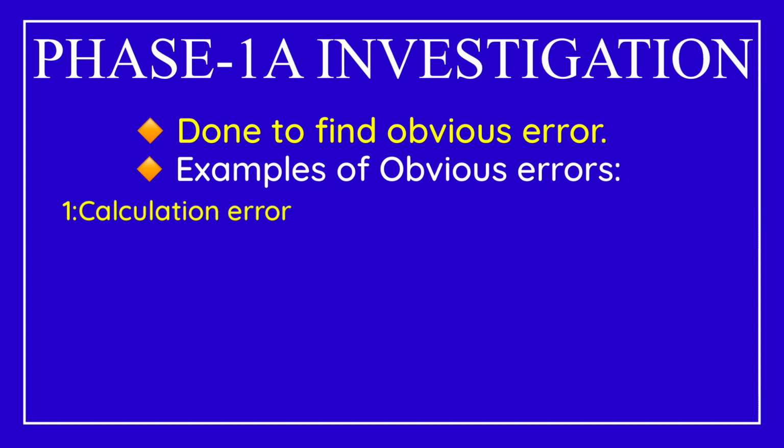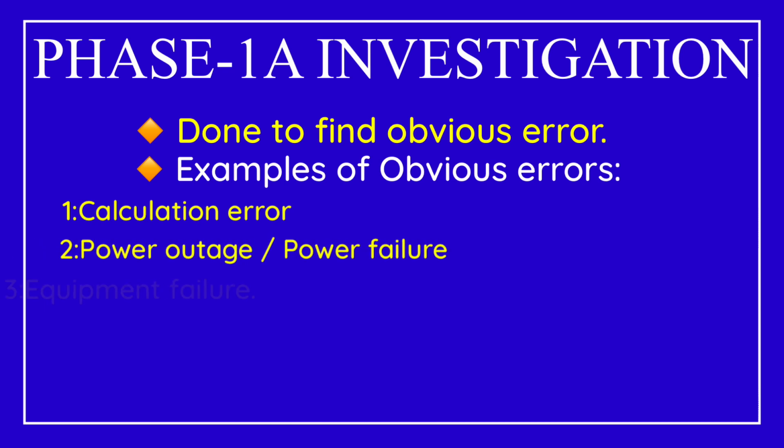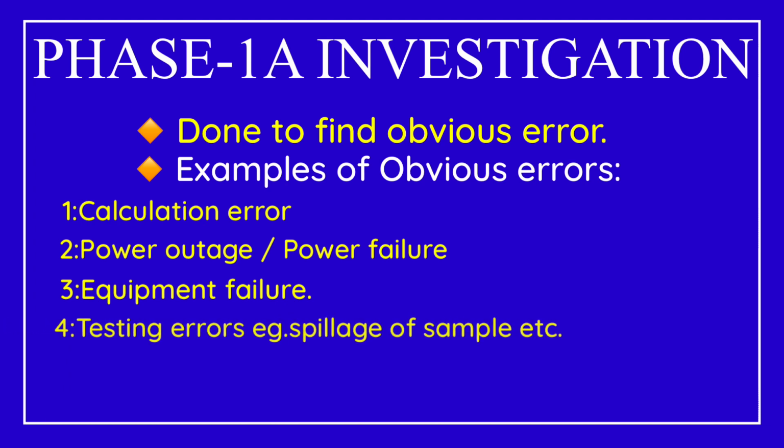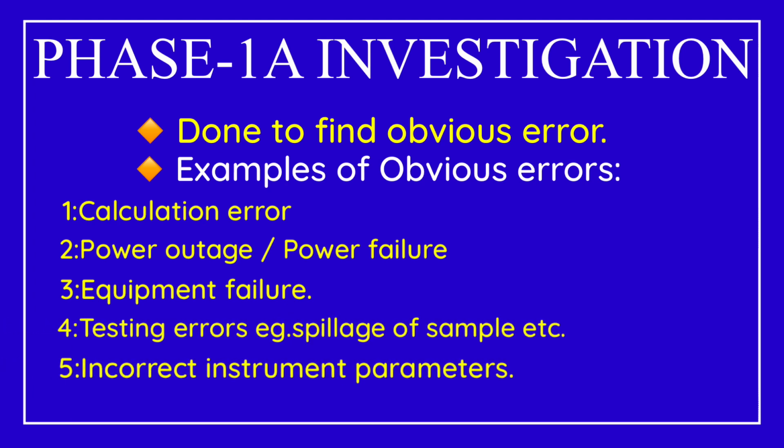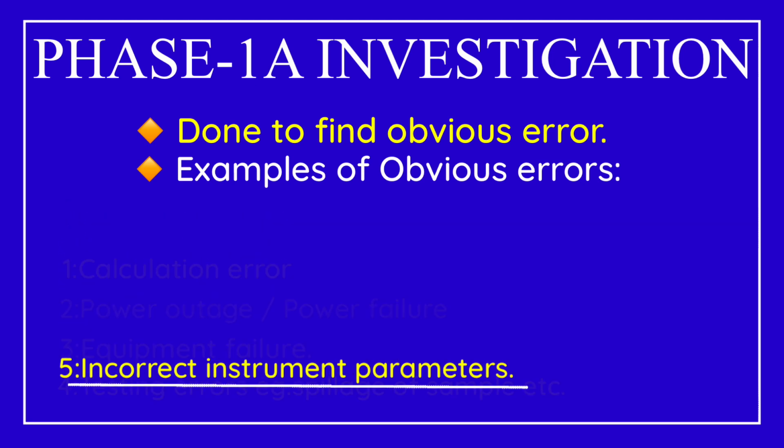Number 1 is calculation error, number 2 is power outage or power failure error, number 3 is equipment failure, number 4 is testing error, and number 5 is incorrect instrument parameters. All these examples are very simple and easy to understand, or I can say they are self-explanatory. But still, let me explain one of the examples: incorrect instrument parameters.